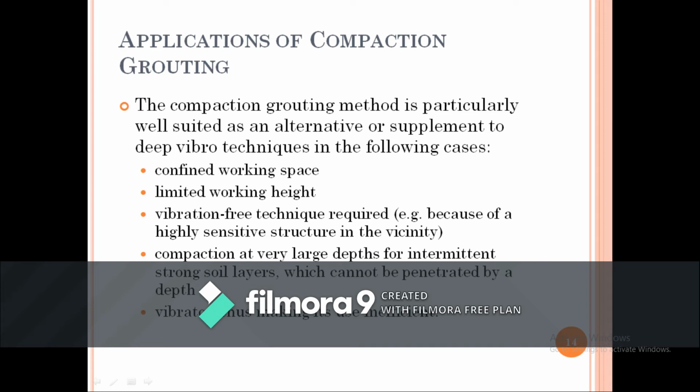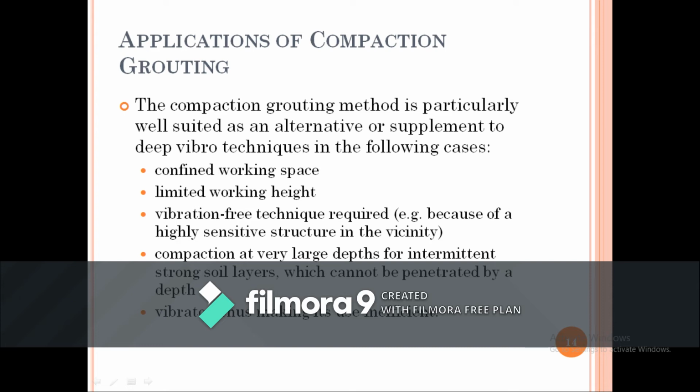Next, when you want a higher strength, there you are going to apply this compaction technique. Other than that, this compaction grouting technique is also used in other cases. What are those other cases?